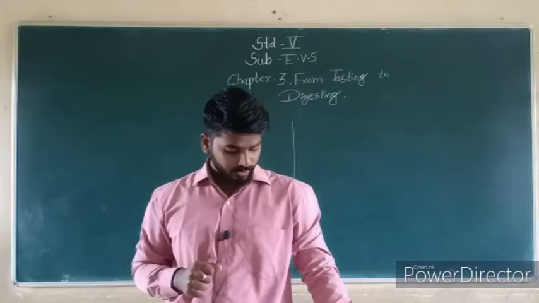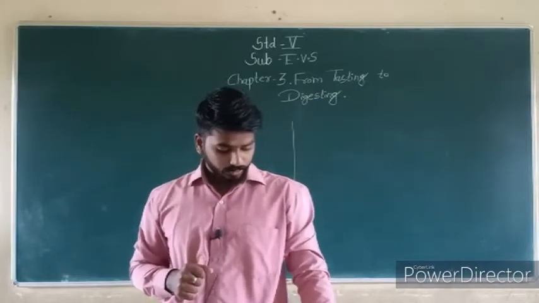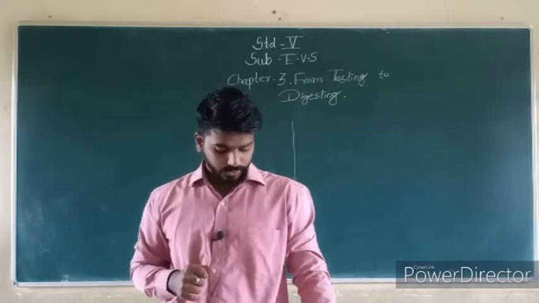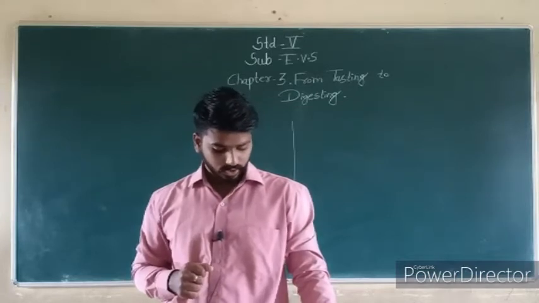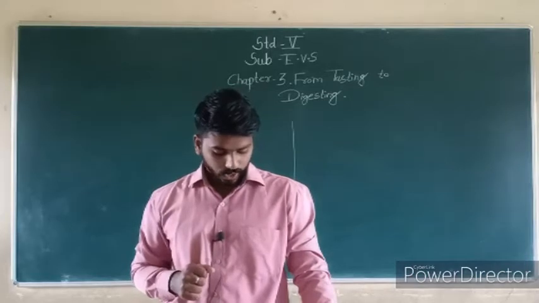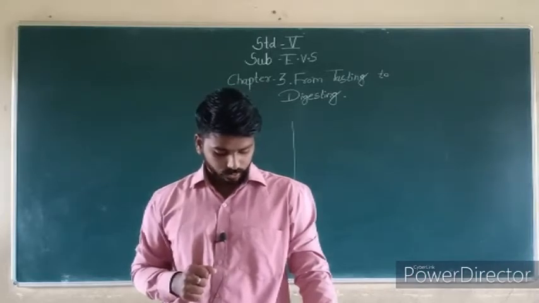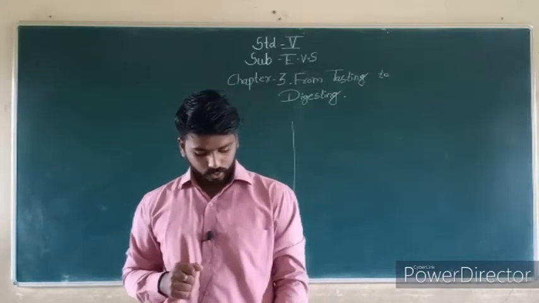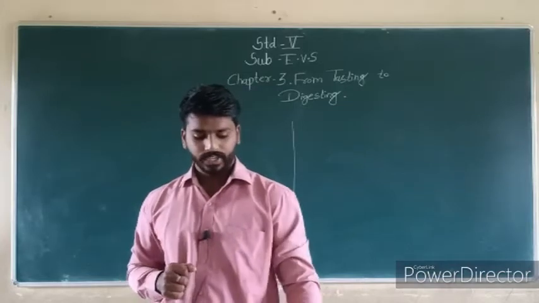Then question answers, page number 28. Do you remember that in class 4th you made a solution of sugar and salt? Neetu's father also made this and gave it to her. Why do you think this is given to someone who has vomiting and loose motions?